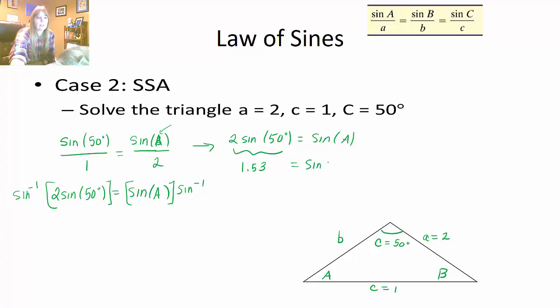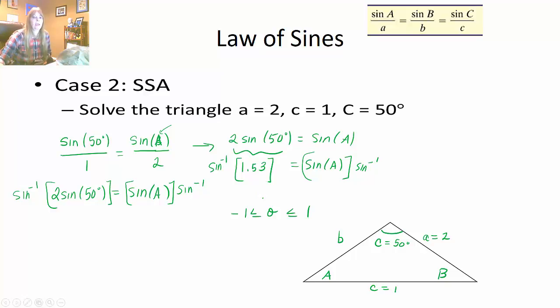And you might be sitting there going, okay. Well, if you're doing that, then you don't remember about domains. If you remember, the sine inverse has to be between -1 and 1, and that is not.